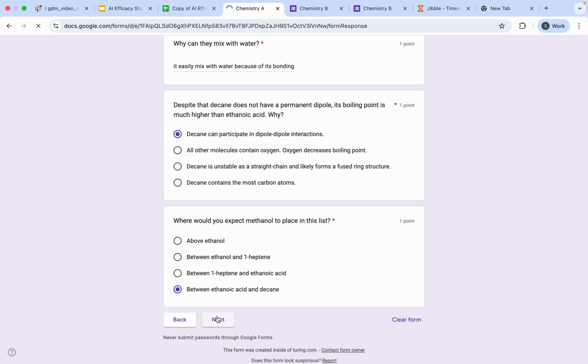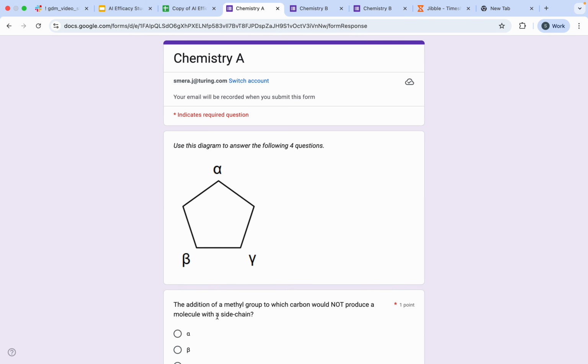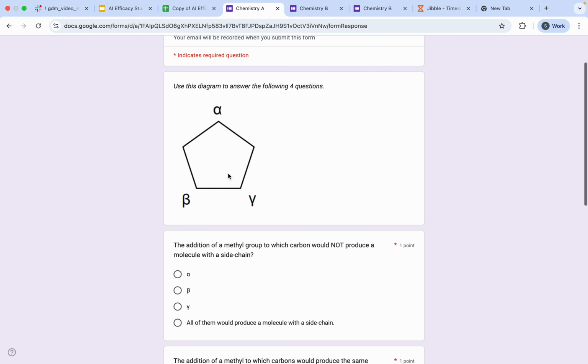Ethanoic acid and decane. Okay. Use this diagram to answer the following 4 questions.